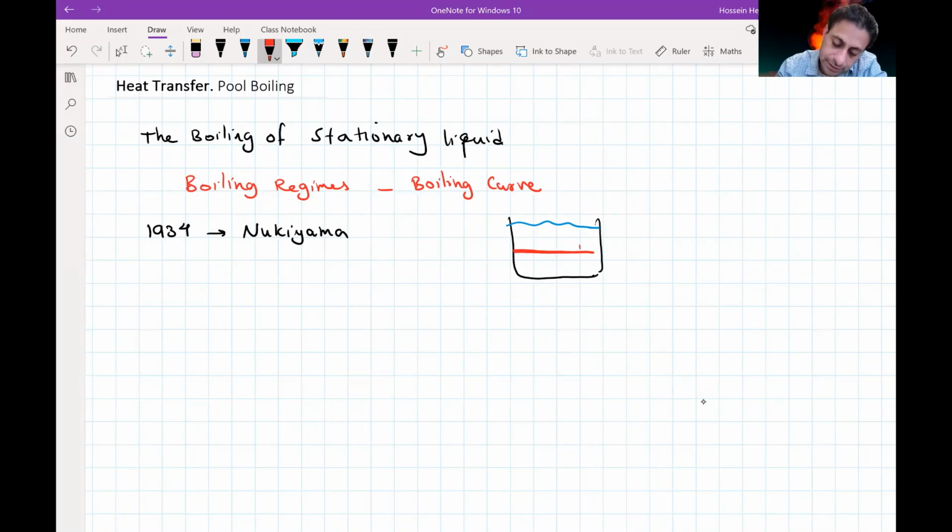He could control the Q going through it, and he could measure the temperature. What he noticed is that there are different boiling regimes depending on this delta T excess, delta T_e = Ts minus T_sat. So depending on its magnitude, we can get different boiling regimes.